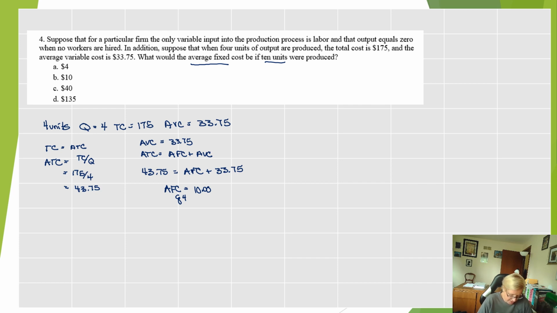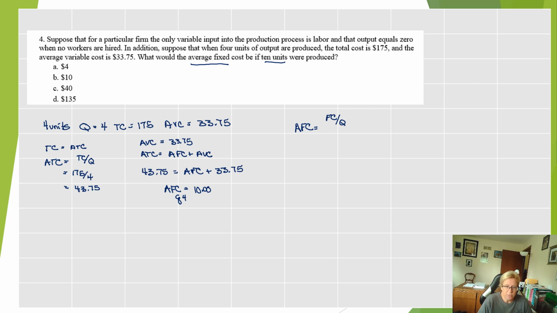Okay, so if average fixed cost at a quantity of 4 is equal to 10, then what we want to do is find the fixed cost. So we're going to say that average fixed cost equals fixed cost divided by quantity.